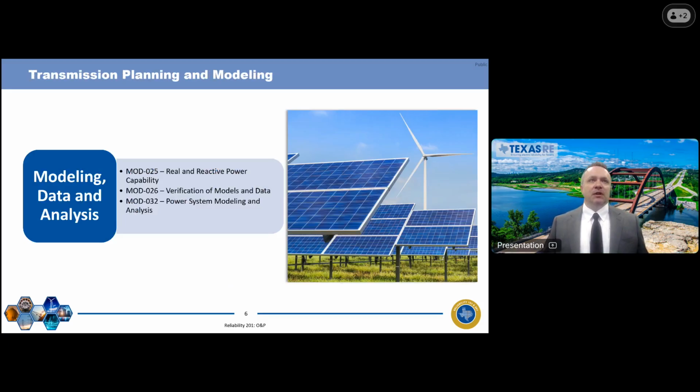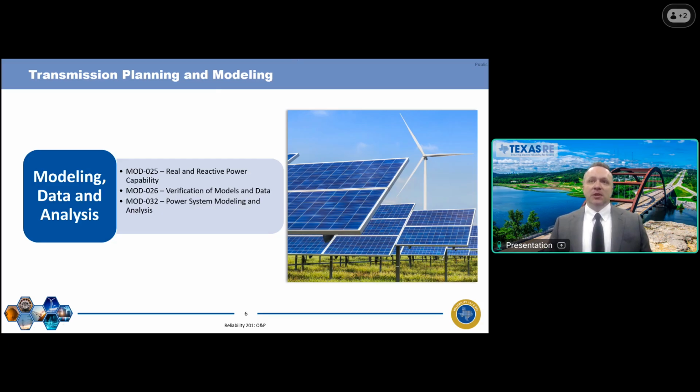So first, let's talk about transmission planning and modeling and your modeling data and analysis. Mod 25, real and reactive power capability, the purpose of this standard requirement is to ensure planning models accurately represent generator real and reactive power capability. Mod 26, verification of models and data.